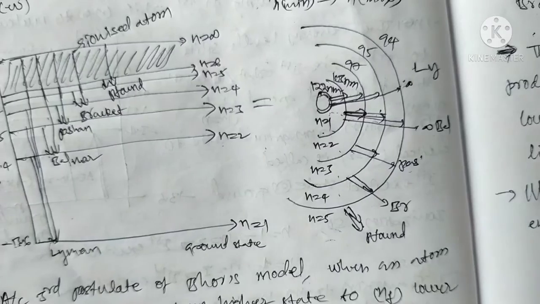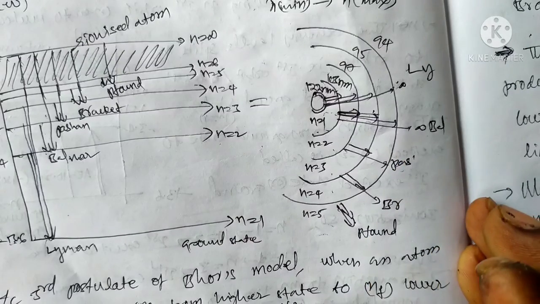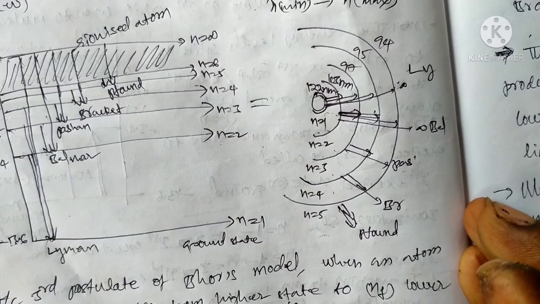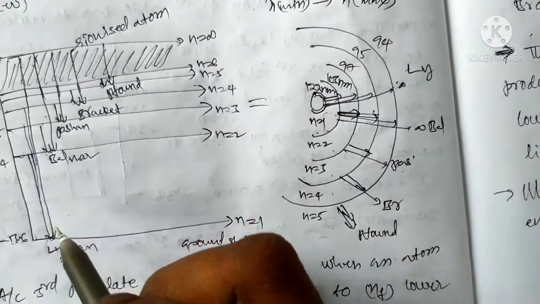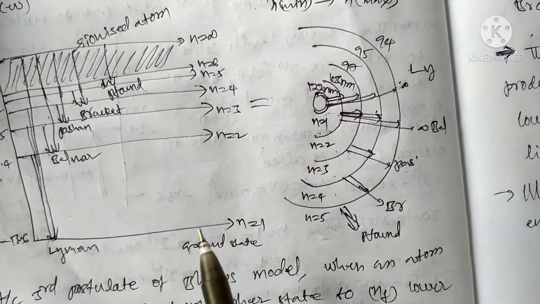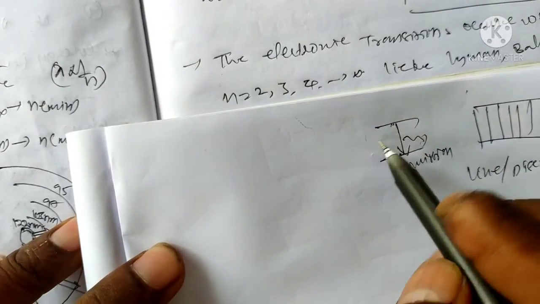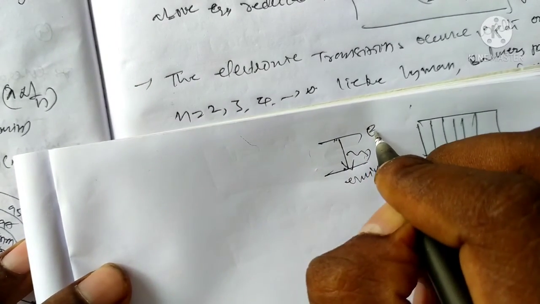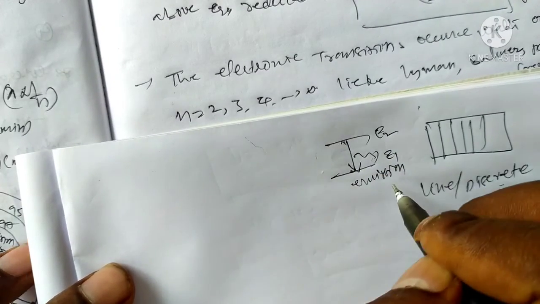Now, in the case of line spectrum, according to the third postulate of the Bohr atomic model, the transition takes place from higher to lower level. The energy is emitted as a quantum. That is, energy is equal to the energy difference. Now I explain. See here: suppose this is the E2 state and this is the E1 state. The energy is transmitted from higher state to lower state. What is it?